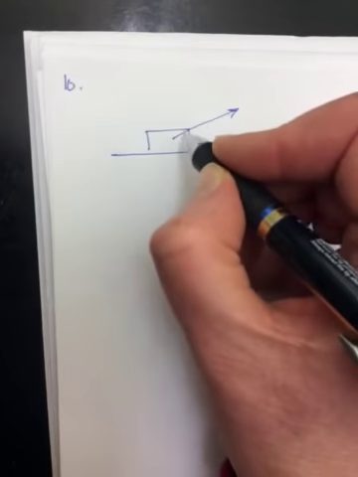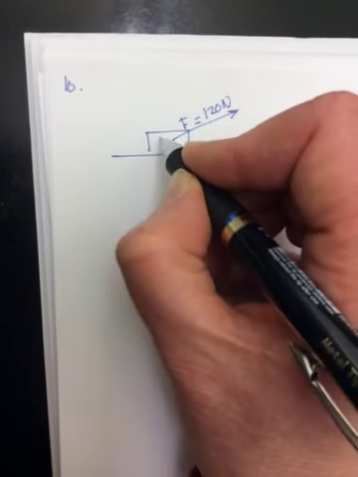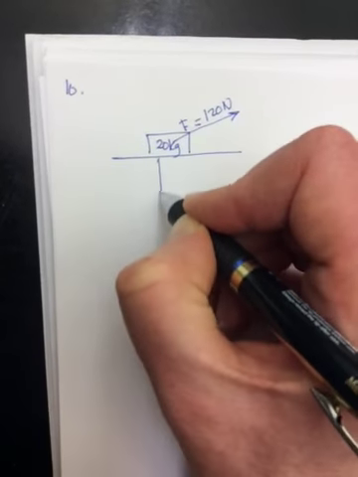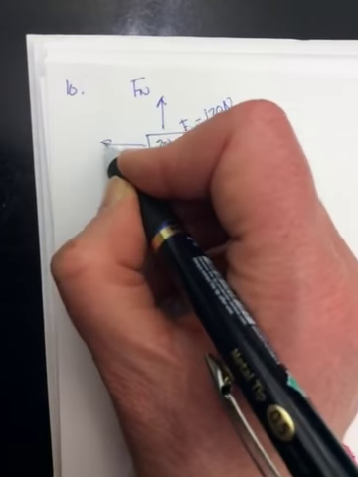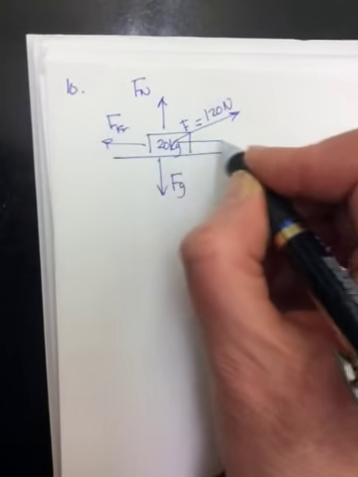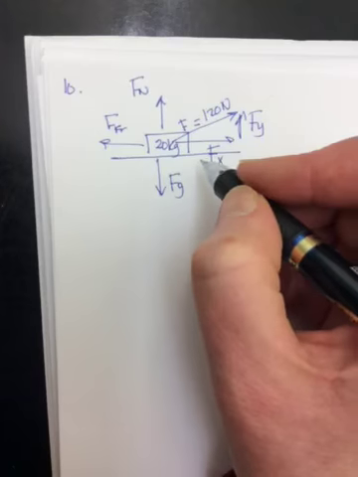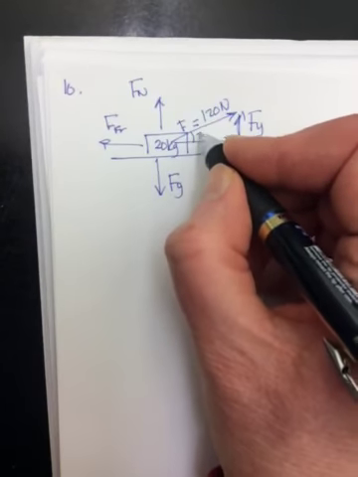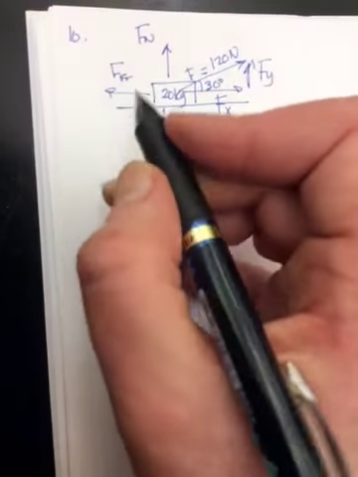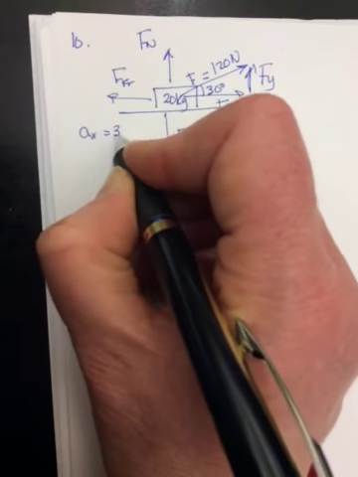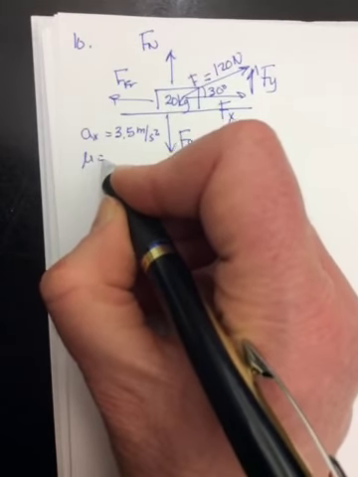The force was 120 newtons, the mass was 20 kilograms, acting down is Fg, up is Fn, backward is friction, and of course there are two component forces here, Fy and Fx, and the angle is 30 degrees. The acceleration of the box is 3.5 meters per second squared, and it wants to know what's mu, the coefficient.